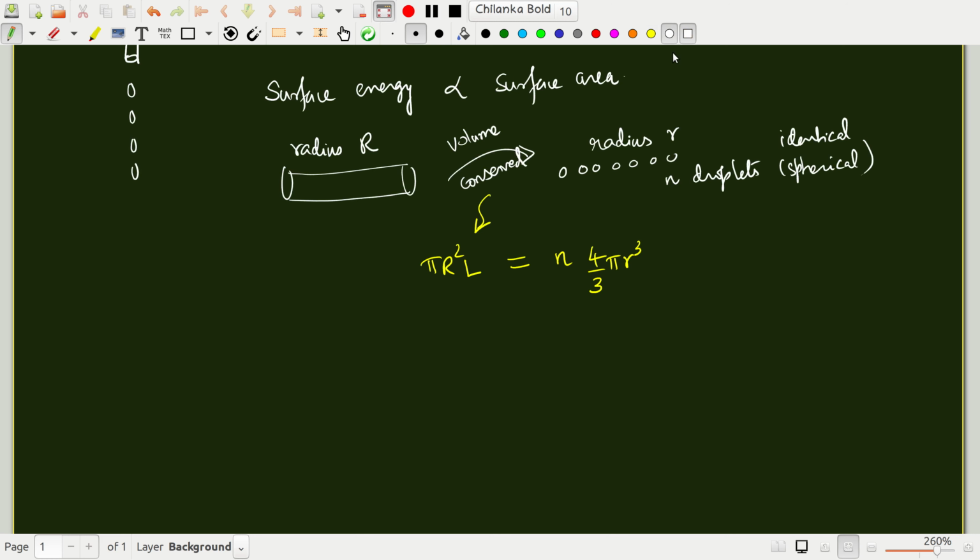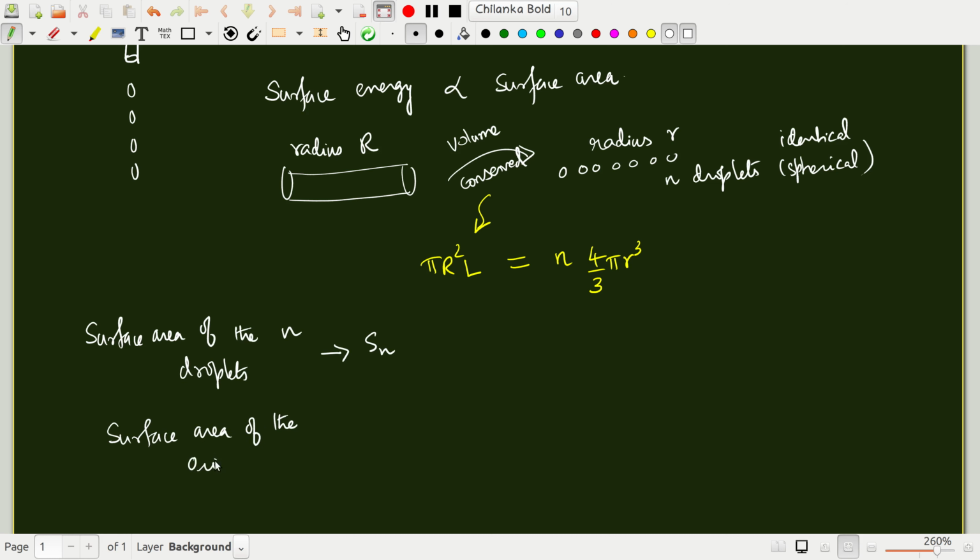Now let's also understand what happens to the surface area. What is the surface area of the n resulting droplets? Let's call it Sn. And what is the surface area of the original cylinder? Let's call it S0. We want to know what happens to Sn by S0.